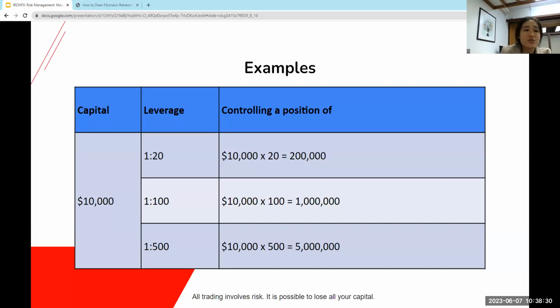Okay, so if my leverage is 1 to 100, my position would then be $10,000 times 100, which is 1 million. And of course, if my leverage is 1 to 500 and my capital is 10,000, then I will be controlling a position of 5 million. Okay, pretty self-explanatory over here.